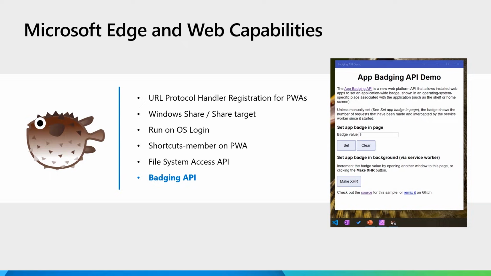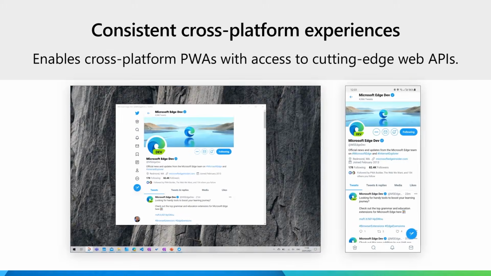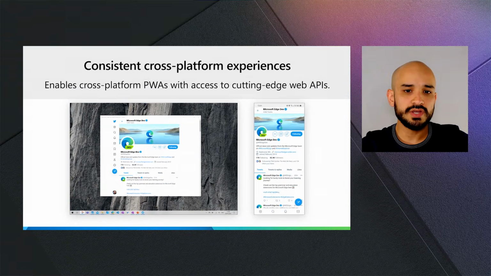It allows you to set a way of re-engagement into your application by showing a badge on the icon on the taskbar. This is an elegant and subtle way of bringing users back into the web application in a really non-disruptive way. We also work to ensure that these features are consistently available across different platforms. We aim to have support for all of these powerful capabilities everywhere.